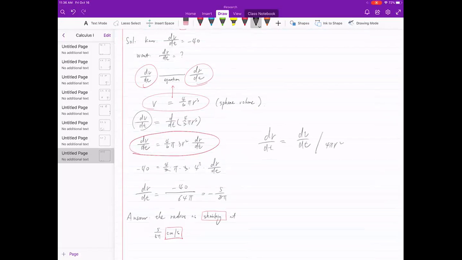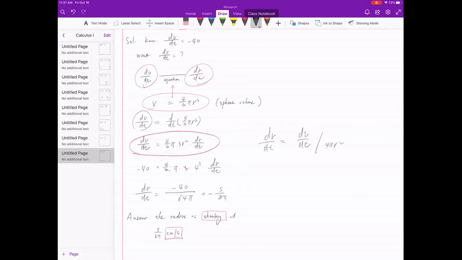Do you see that? That means if you are melting at a constant volume rate, then the shrinkage of your radius should be inversely proportional to your surface area. The bigger the r, the slower the shrinking rate of r, because basically you're trying to melt the whole thing outside. The bigger the sphere, the more you need to melt in order to get the same radius shrinking.